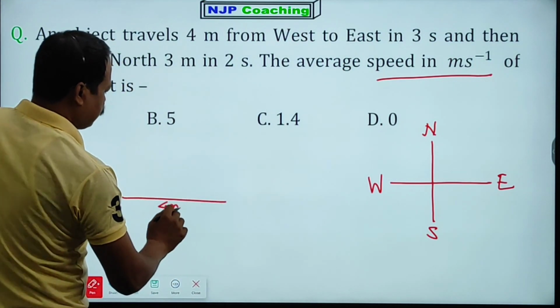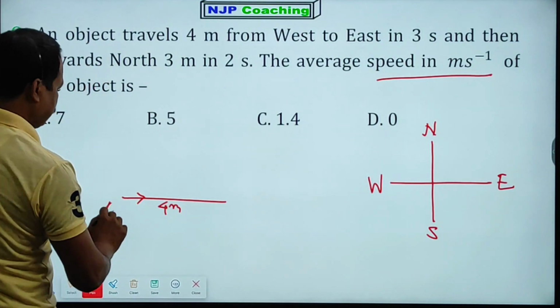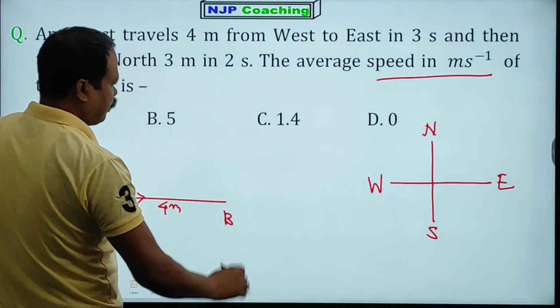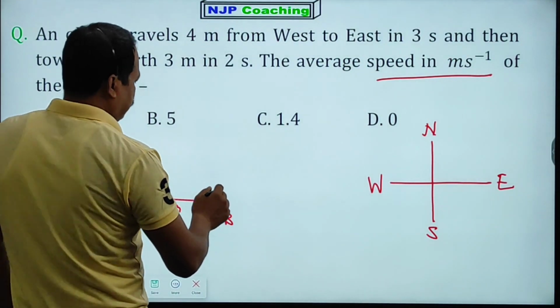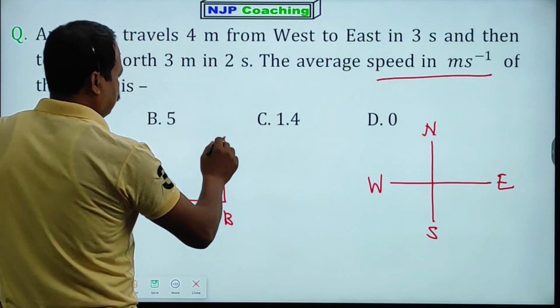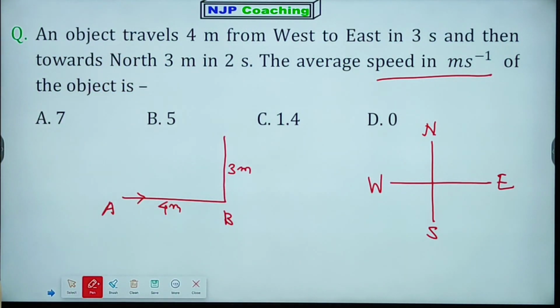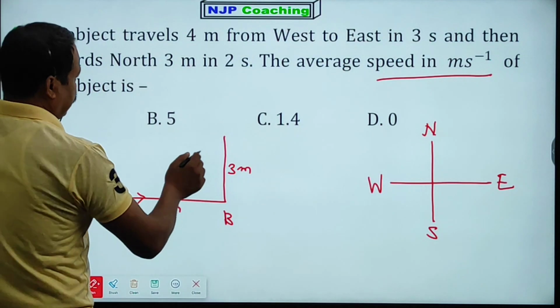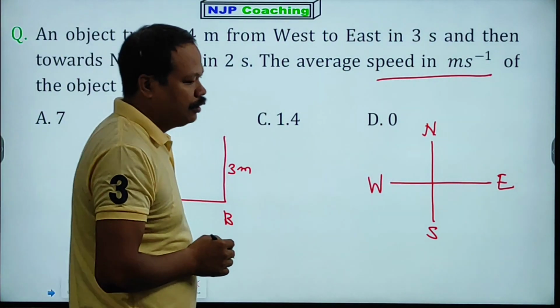Suppose this is AB, 4 meters in 3 seconds, and then towards north 3 meters. Suppose this is 3 meters, and time taken is 2 seconds. The average speed. Okay, average speed.